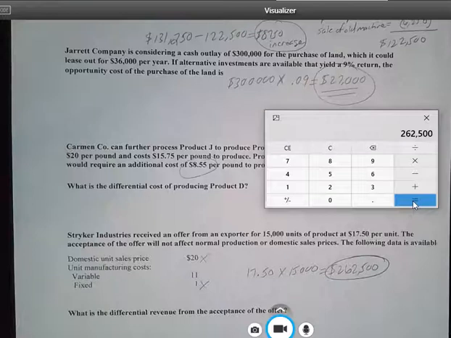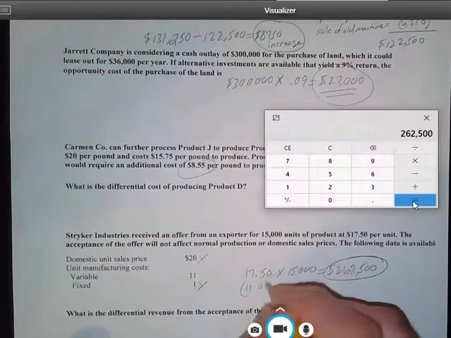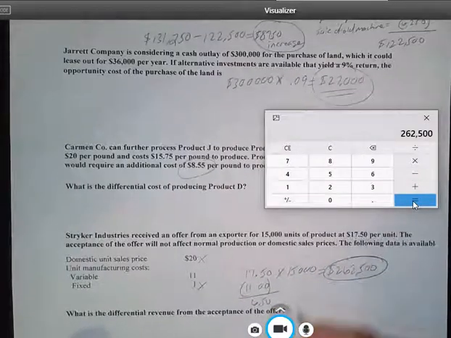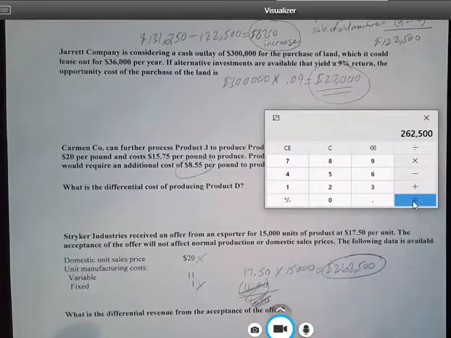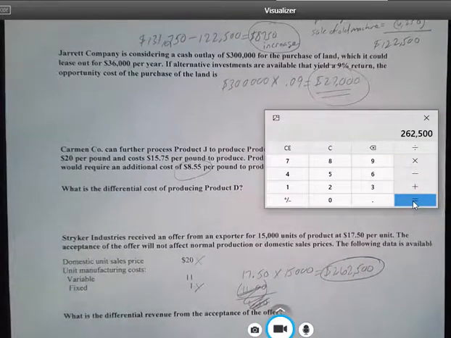Now, if I asked if you wanted to know what was differential income from acceptance of the offer, we would have to subtract out $11. That'd give us 16.50 times the 15,000, but that's not what we're being asked to do. So this is all we have to do to answer the question.